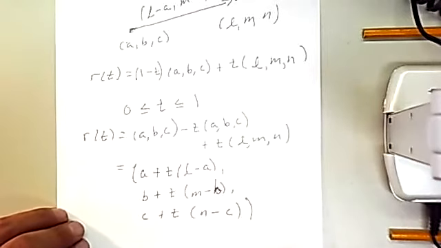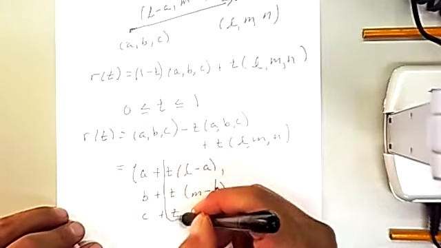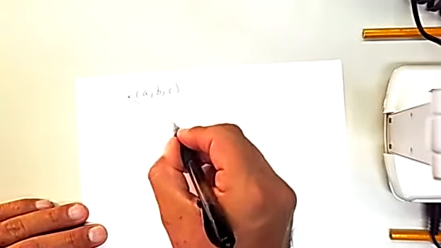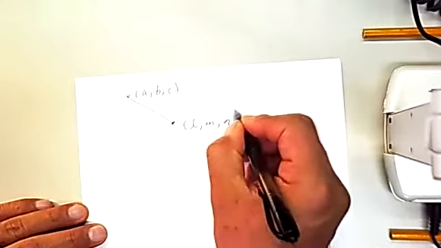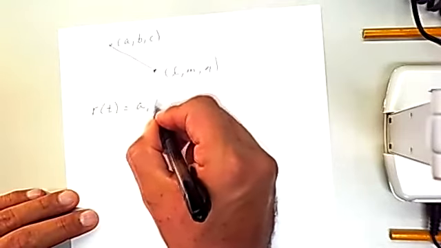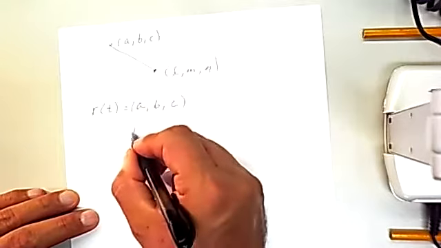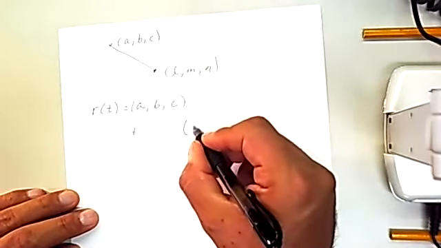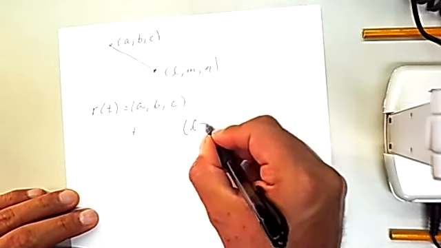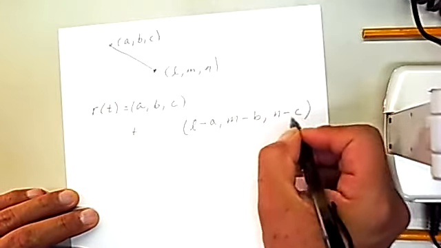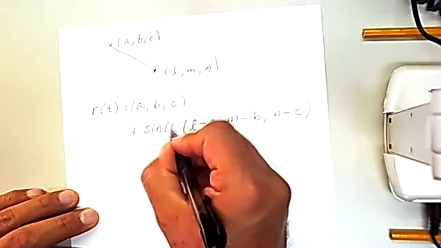Can we do this with a different parameter? Instead of t, can we use a different parameter? Absolutely. So if you want to go from, again, A, B, C to L, M, N, we can start out with A, B, C plus a parameter, a quantity that will go from 0 to 1, and then L minus A, comma, M minus B, comma, N minus C. And then the parameter we'll use could be sine of t instead of t.